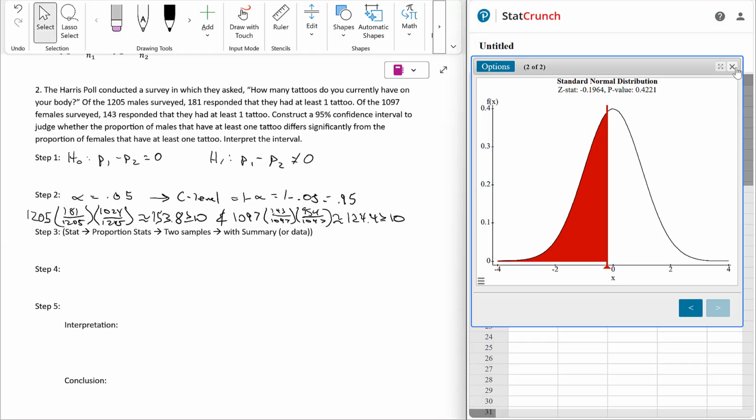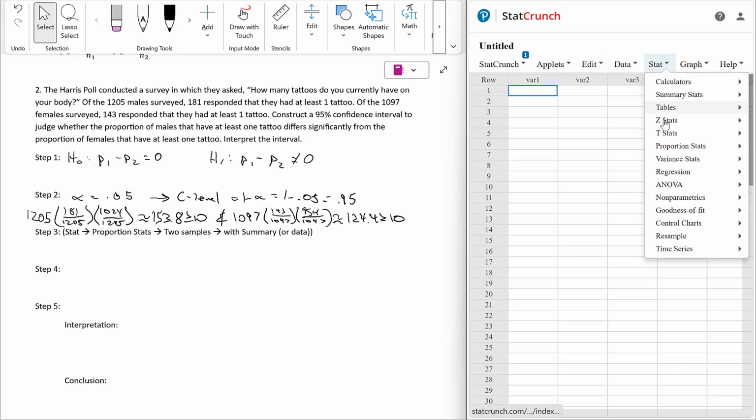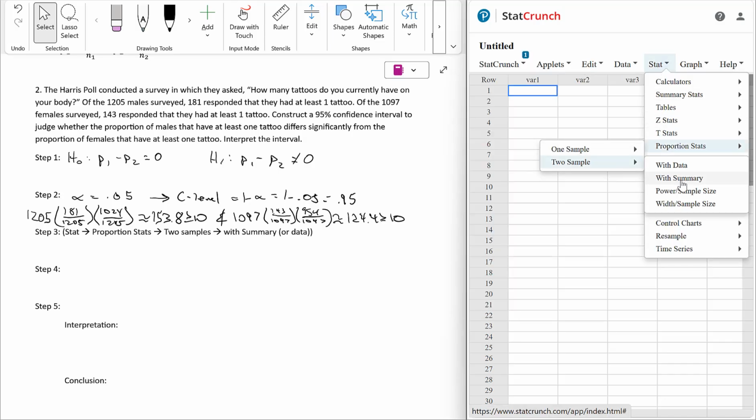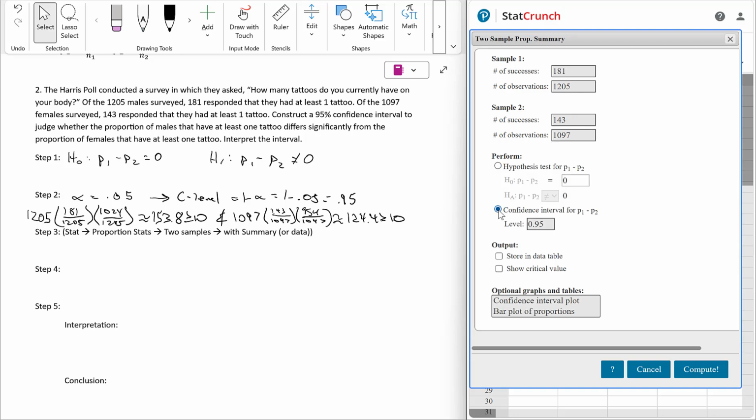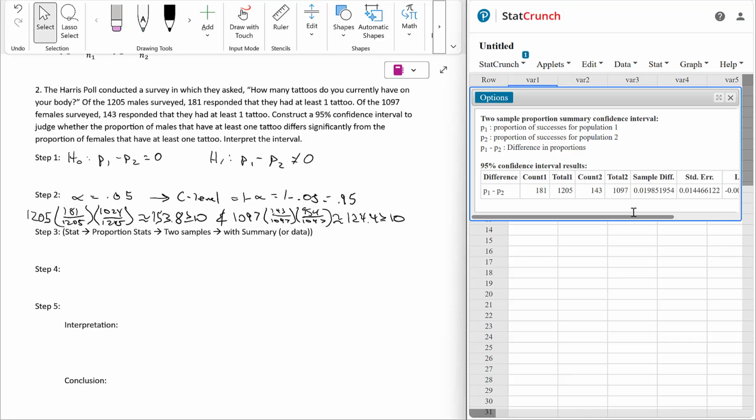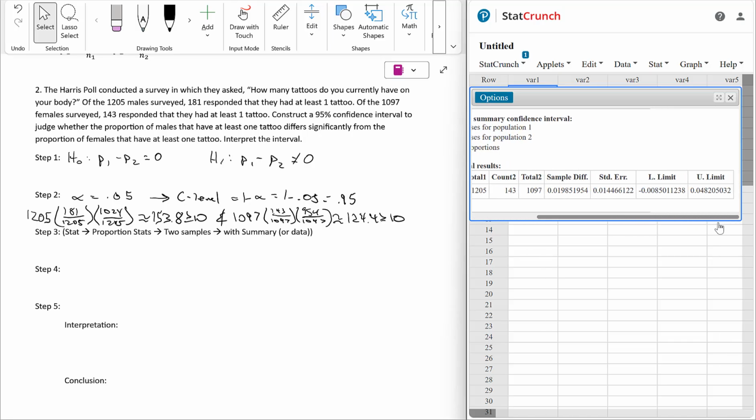All right, so for our computation, we're in the same menu. Stat, proportion stats, 2 samples with summary. We put in our 181 out of the 1,205 males and 143 out of the 1,097 females. We're going to choose confidence interval this time and use 0.95 for our confidence level. We can do our computation, and we get our lower limit and our upper limit.